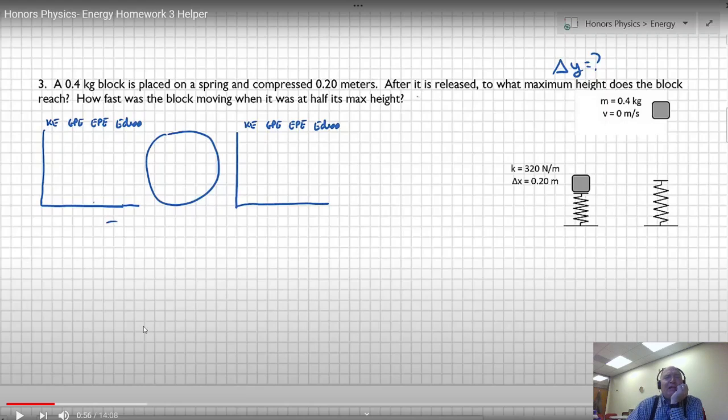So really a couple of really interesting things. I'm always struck by these spring problems, right? Because you put it on, and I'm guessing this is the spring when it's just resting there. When you rest it on there, it's compressed.